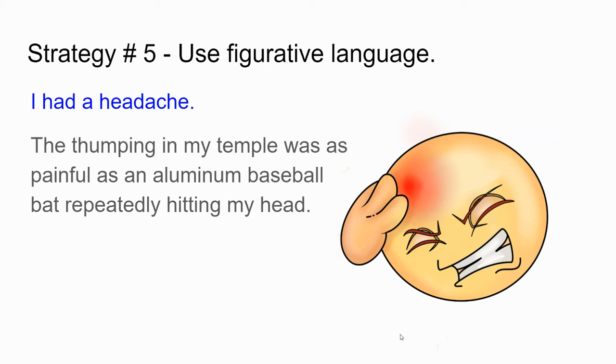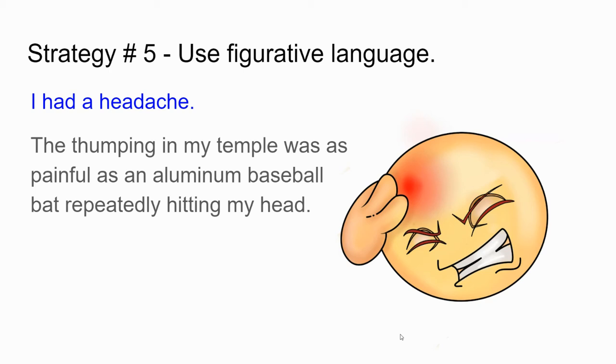It's not actually what happened. You're using some different types of language to, again, try to create a more interesting picture, but it's not literal. It's figurative or symbolic. Some types of figurative language that you have used in the past, especially when we looked at our poetry unit, were similes, metaphor, hyperbole, and personification.